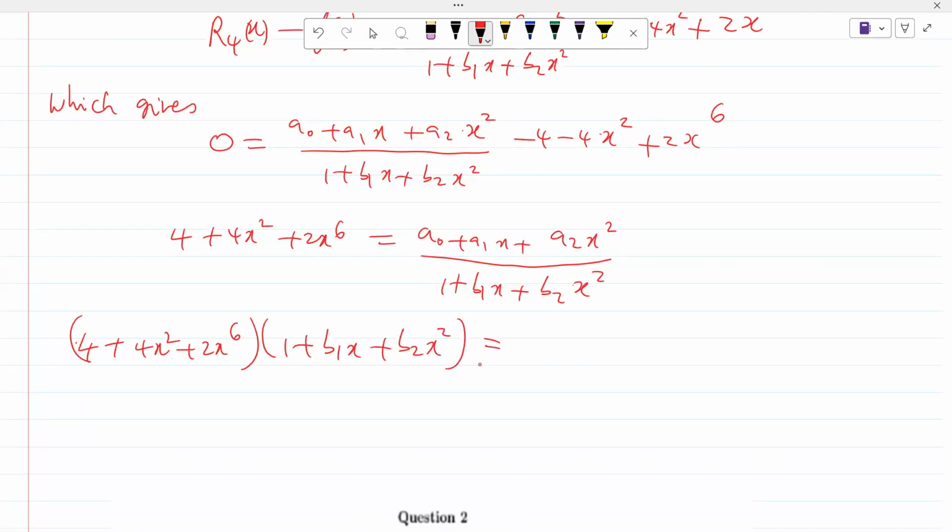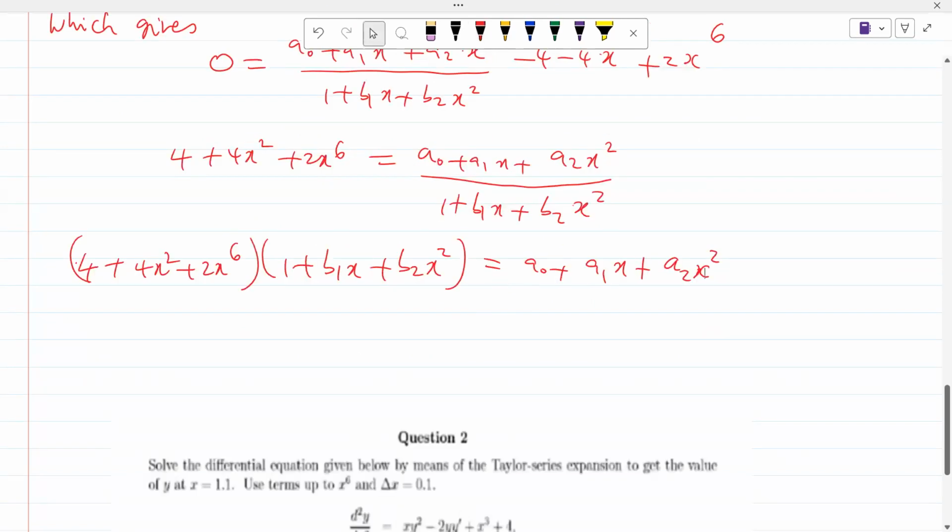And then this is the same as a naught plus a1x plus a2x squared. Okay, but the approximations are very examinable. Okay, we just need to multiply these out. Right, and now after multiplying this out, we group like terms and so on. So it's very clear, therefore, that we shall have the following.